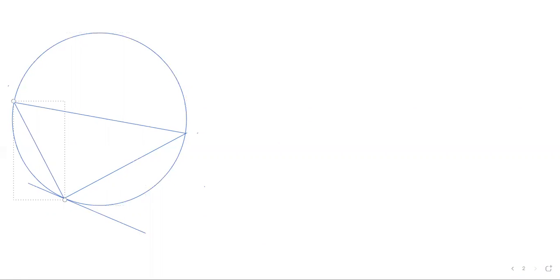Now, here, we would like to prove that this angle here, this angle between the chord and tangent, AB is the chord and CAD is a tangent.